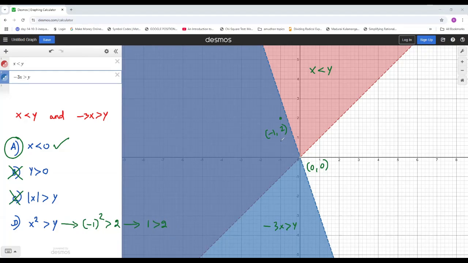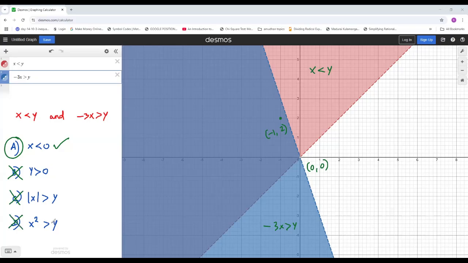So this inequality is not satisfied by the particular point negative 1, 2 in the common region. As I said for answer choice C, if the inequality is to be true, it has to be satisfied by all the points in the common region. Since this point does not satisfy it, we have to say this is false. So answer choice D is also false.